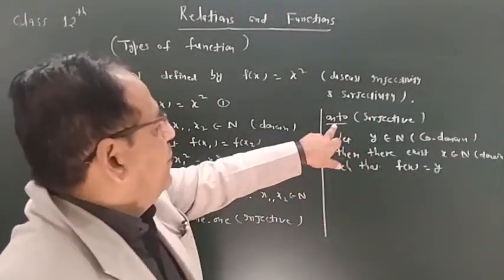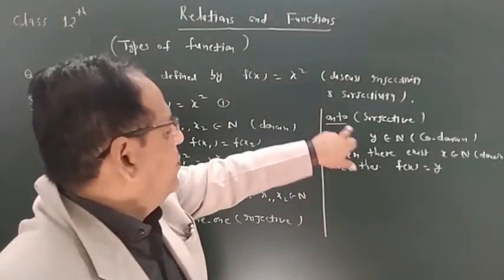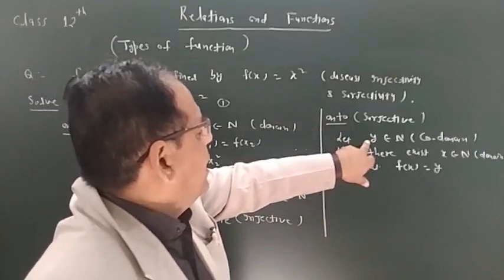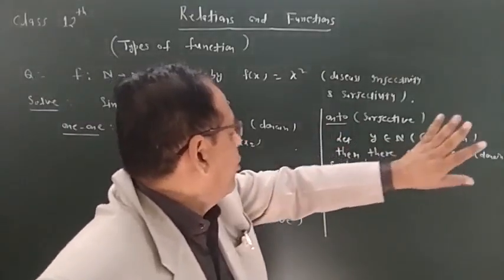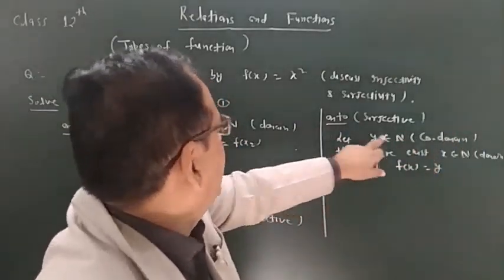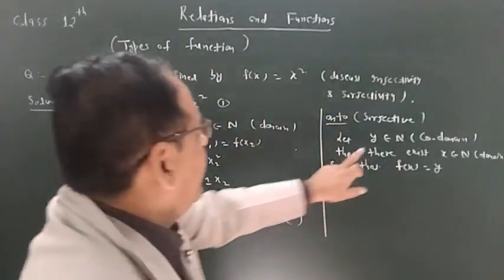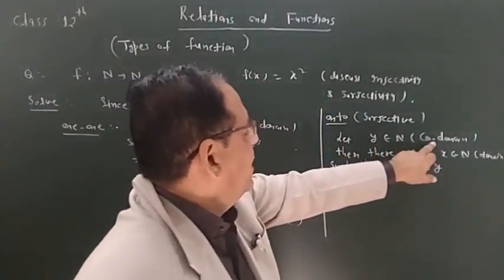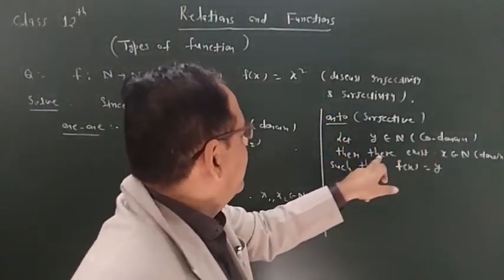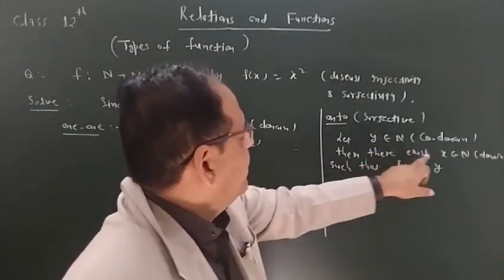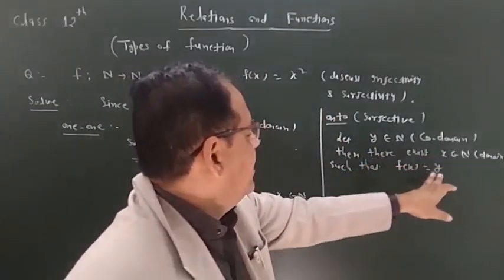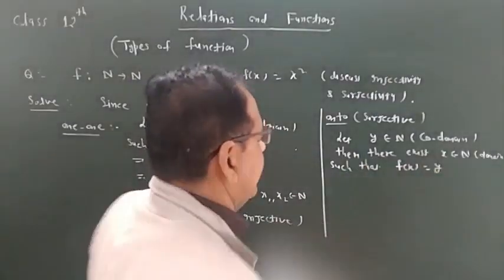Here we want to prove whether the function is onto or not. For it, we take any arbitrary point from the codomain. According to the definition of an onto function, if y is an element of the codomain, then there must be an element in the domain such that the image of this point will be equal to y.